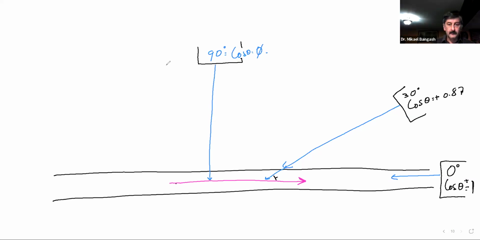Whereas if we were scanning from an angle like this, which is a 60-degree angle, this 60-degree angle has a cosine theta value equal to 0.5, or more accurately, plus 0.5.